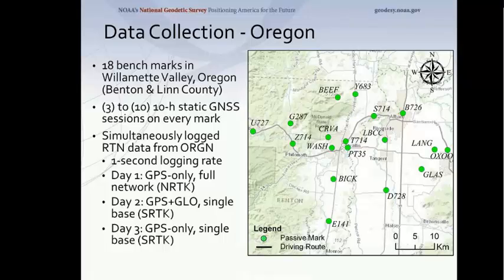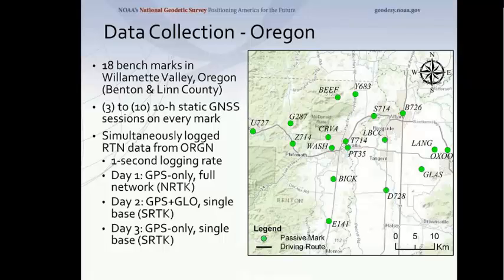Then during that static survey campaign, we used a feature in the Leica data collectors, I think it's called auto points, where you could set it up so that while you're doing a static session, it also simultaneously logs single epoch RTN observations from the ORGN. We did this using different settings.